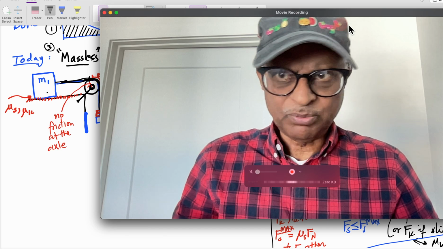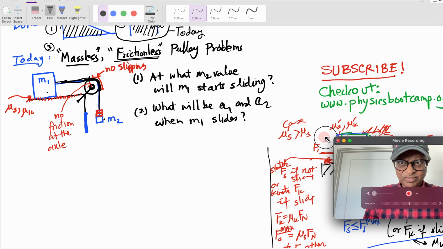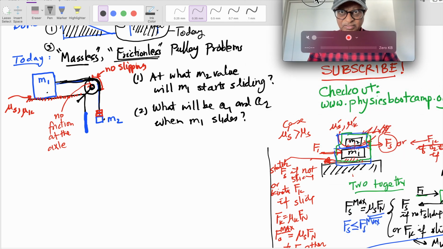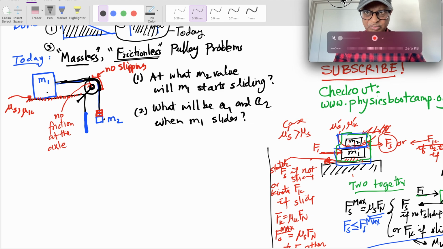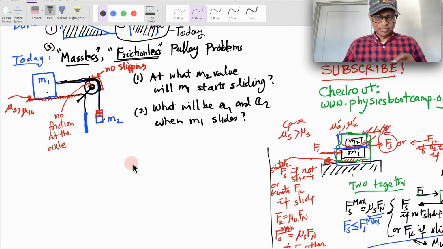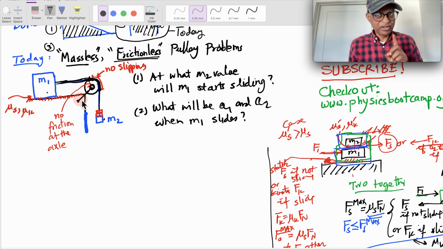You don't want that. That's why this is a very important assumption. A lot of students don't realize there's an assumption underneath it, and sometimes problems are constructed to make the string slip, and you've got to be aware of that.